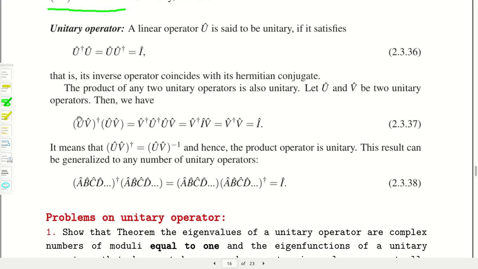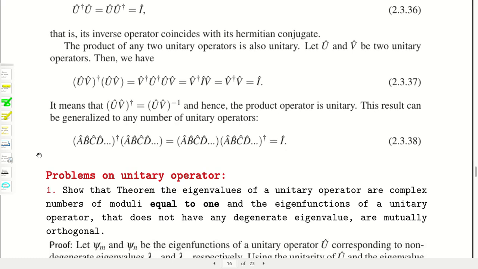So what we get is that their product is also unitary, because UV whole dagger into UV is I. So UV, the product of two unitary operators, is also a unitary operator. These are the advantages of unitary operators, which can be exploited in further quantum mechanical developments.